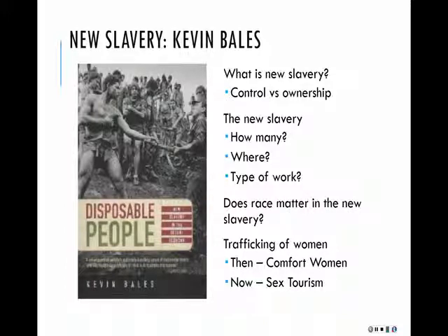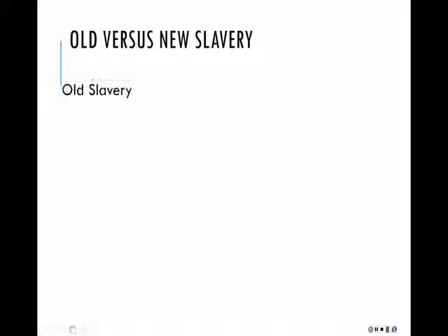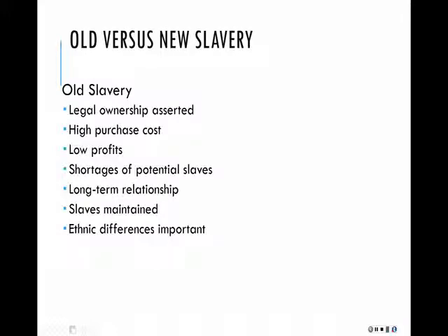What I want to talk about first is a comparison side by side of the old versus new slavery. If we think about the old form of slavery, what you have is legal ownership. There's a high purchase cost, but person by person, studies have indicated that there's actually a low profit margin.